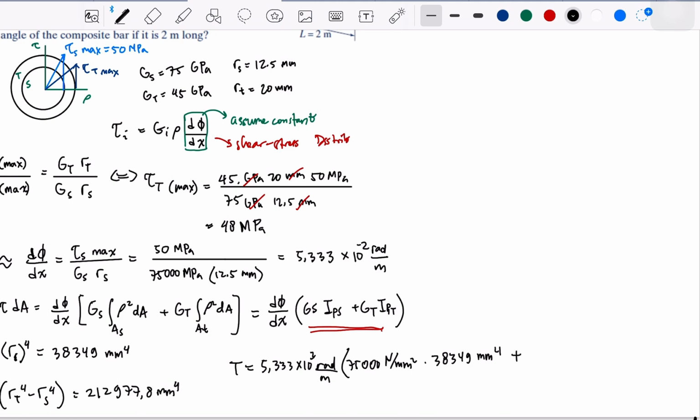So plus 45, and then multiply with the inertia.